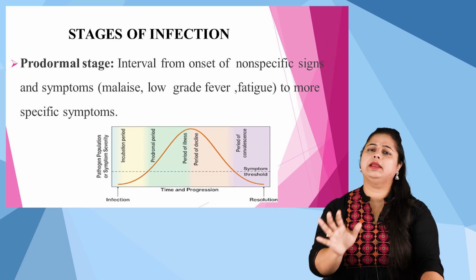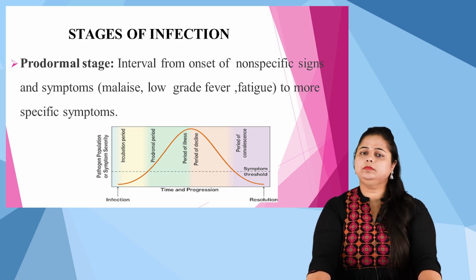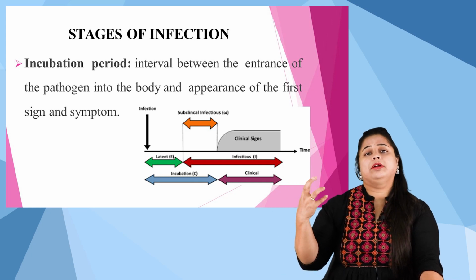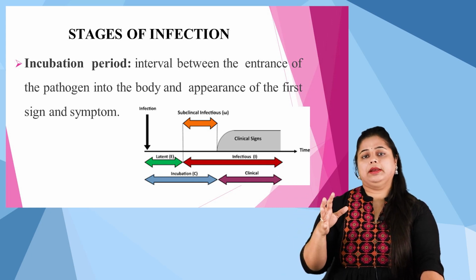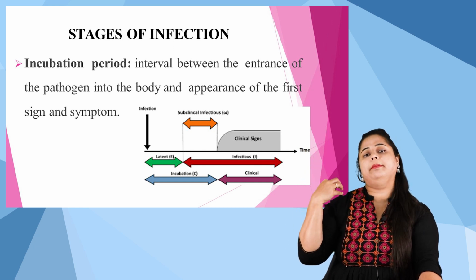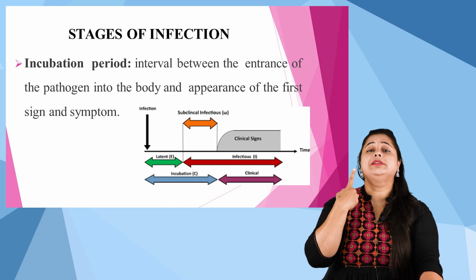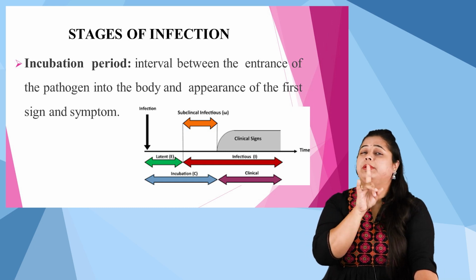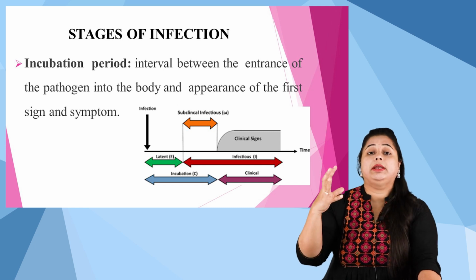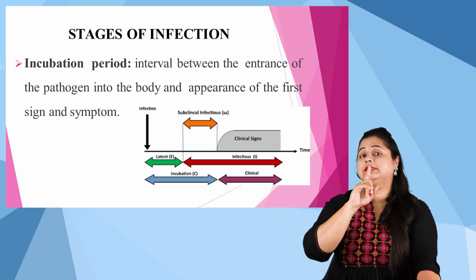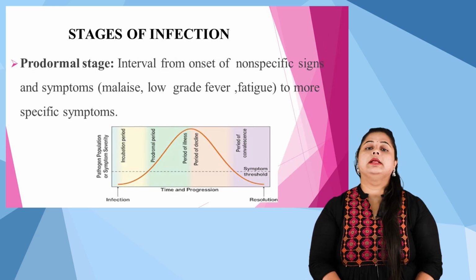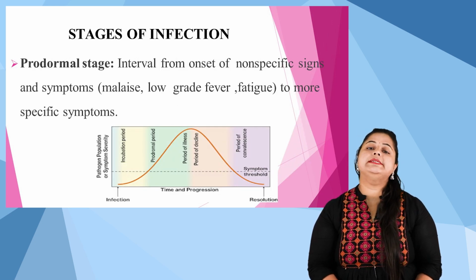We'll take an example of fever. Before fever comes, so many symptoms are appearing, right? Think that a bacterium or virus came, and first it starts to make a symptom such as throat itching. The time from entry to the first sign is called the incubation period. Next is the prodromal stage.